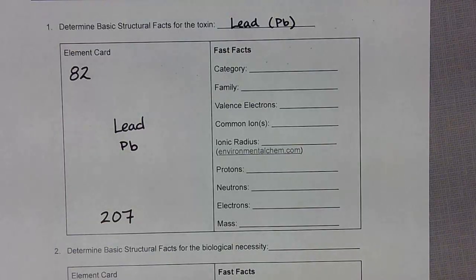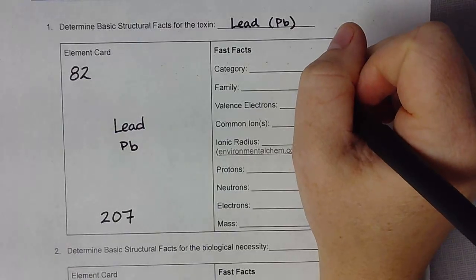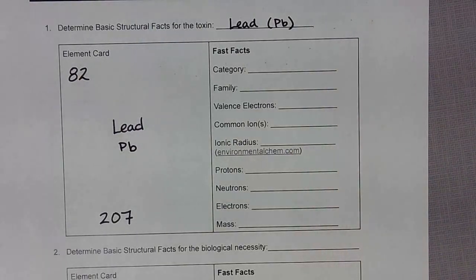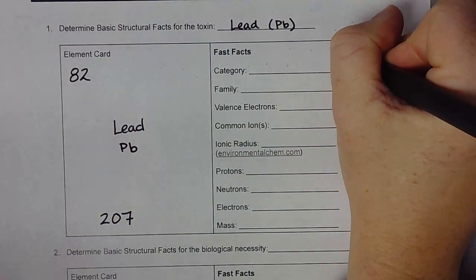Now, we need to identify these facts about this element. The first fact that we want to identify is the category. So for category, we have already taken notes over this on your introduction page. Remember, the categories are going to be metal, non-metal, or metalloid. Those are going to be our three options.